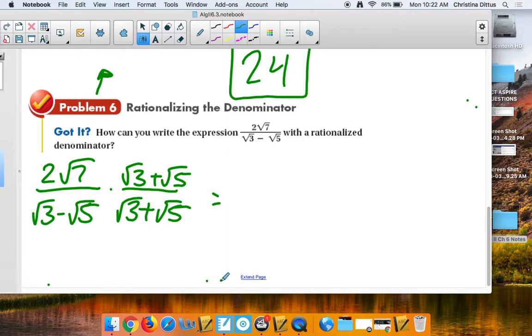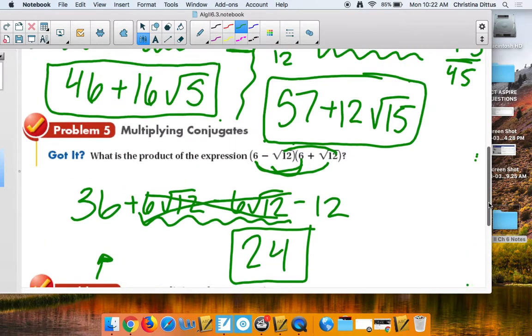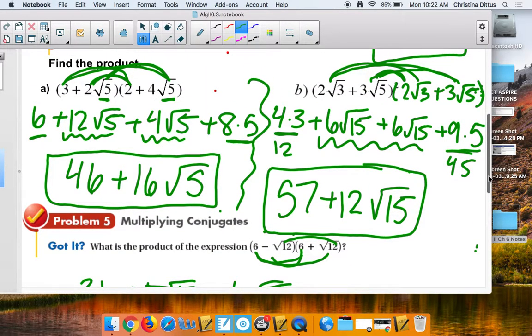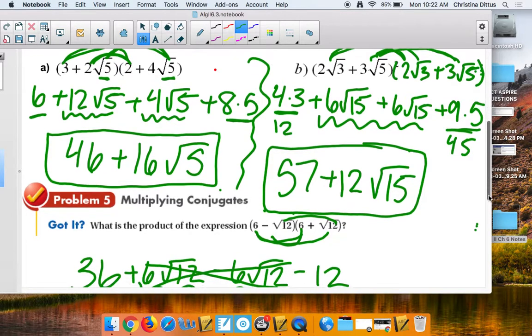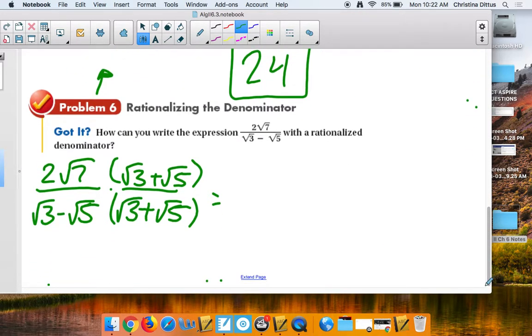Okay, let's take care of our top. I'm going to write parentheses around this just because I think it's easier. If I have 2 square roots of 7 times the square root of 3, what happens with my inside? What did we do up here? How did I get square root of 15? 5 by 3, so what happens here? Square root of 21.